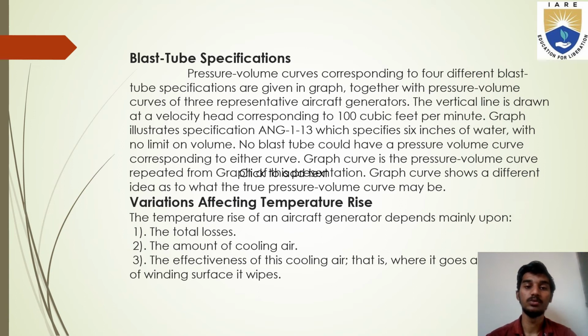With no limit on volume, the blast tube could have a pressure volume curve corresponding to either curve. One graph curve is a pressure volume curve repeated from an earlier graph of this presentation. Another graph curve shows a different idea as to what the true pressure volume curve may be.